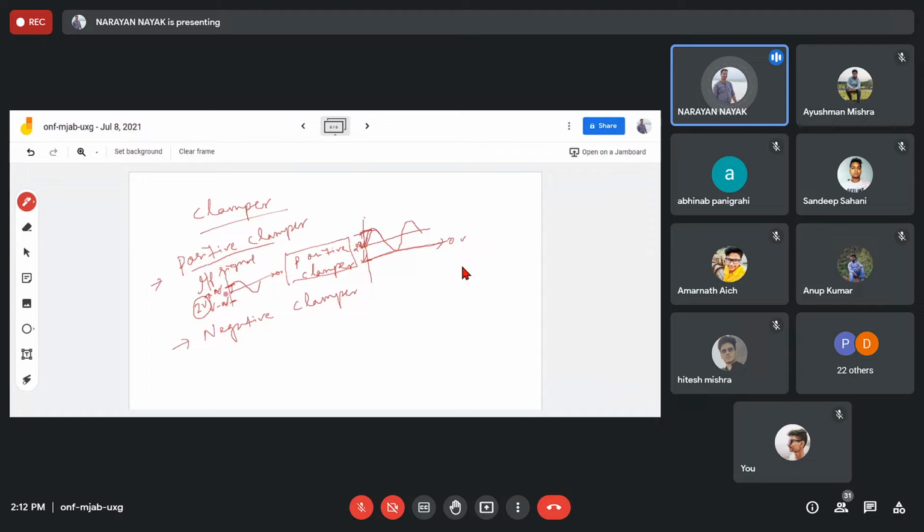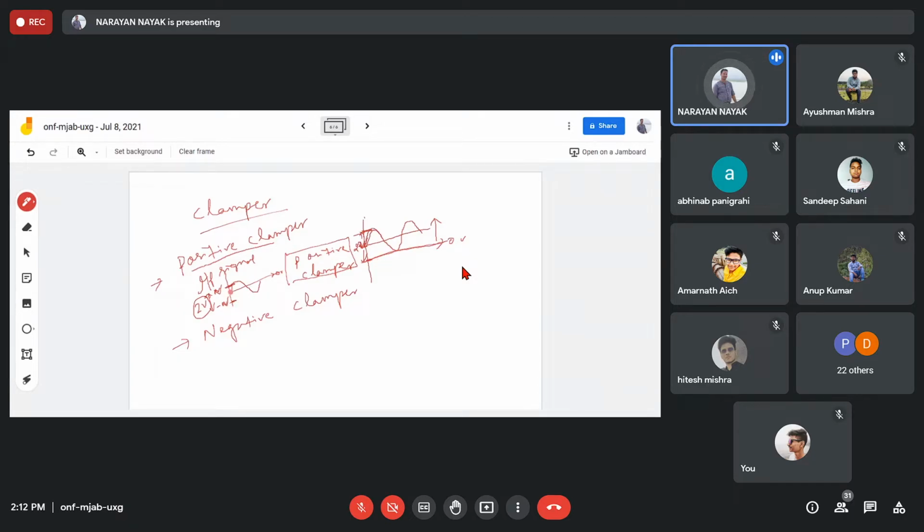So here, in the positive clamper, the total input signal will be raised upward. But there is no change in the signal. Here we get the same signal, but raised upward, meaning it counts from the new zero level.